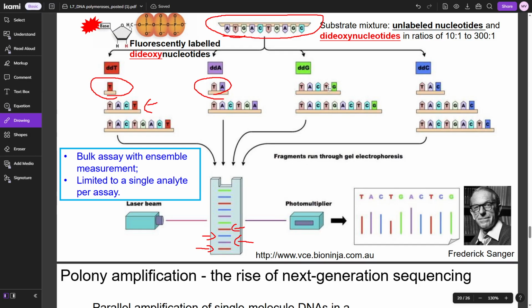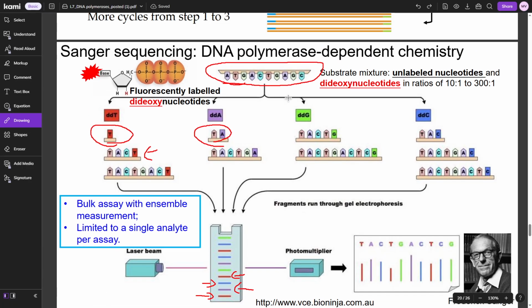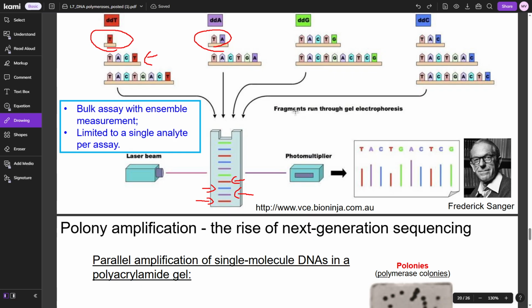And you can see how this is going to keep going. 5 is green. 6 is A. 7 is blue, I believe. 8 is red. 9 is blue, and then 10 is green. You can see how as you do this, you're basically able to tell what every base is at every position.